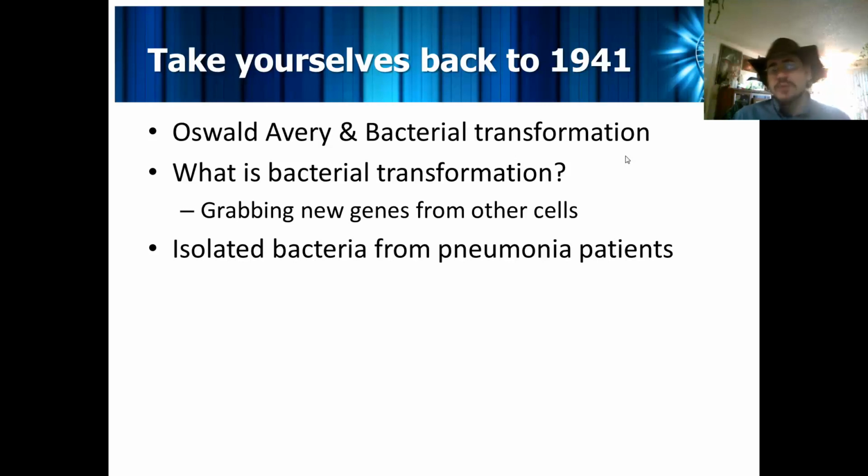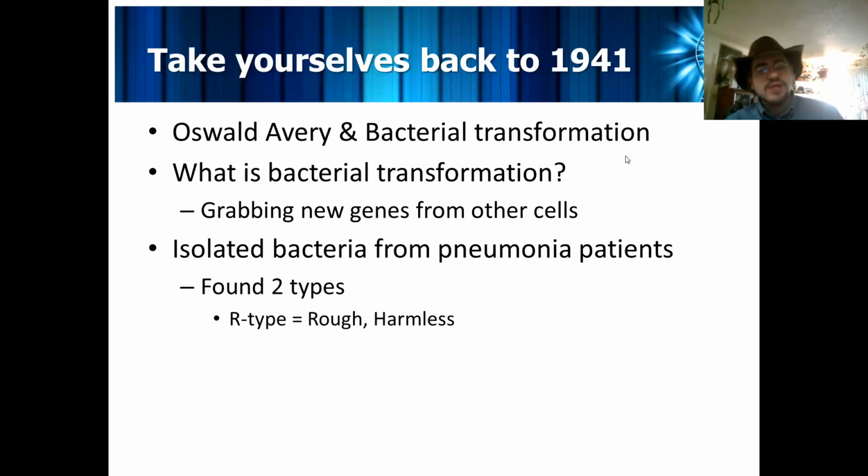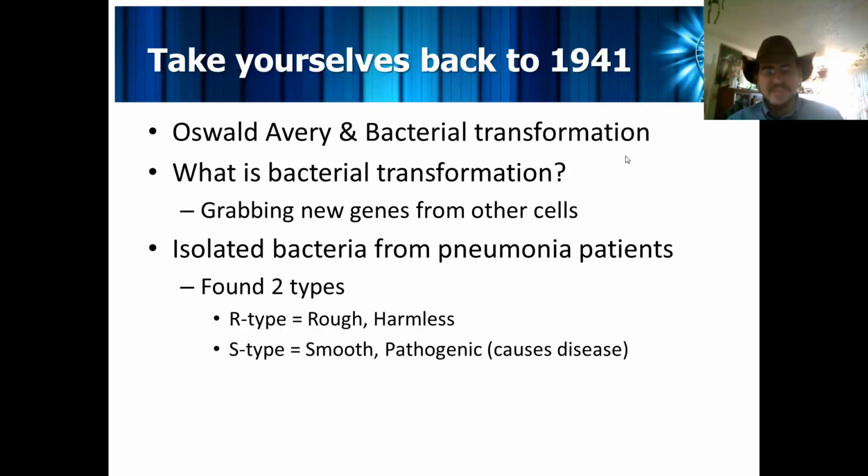So Oswald Avery isolated bacteria from pneumonia patients, and he found two basic types. The R type, where R stood for rough, was a harmless bacterial species. And then the S type was a smooth-looking bacterial cell, and it was pathogenic.